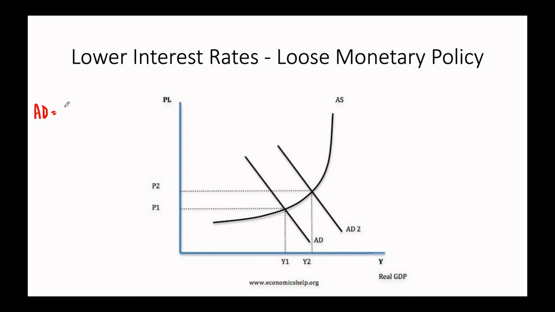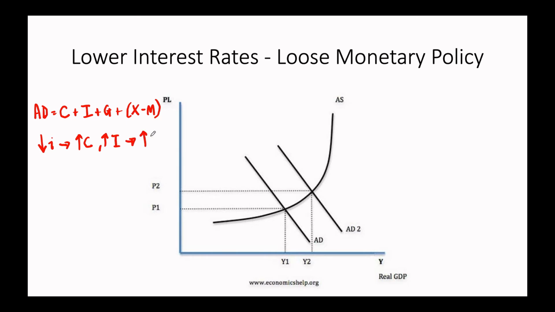So here's our equation for aggregate demand. Aggregate demand is consumer spending plus business investment plus government spending plus net exports. Loose monetary policy is monetary policy that stimulates the economy by increasing aggregate demand. Lower interest rates is a part of this. This is because we know that a fall in interest rates is very likely to increase consumer spending and business investment.